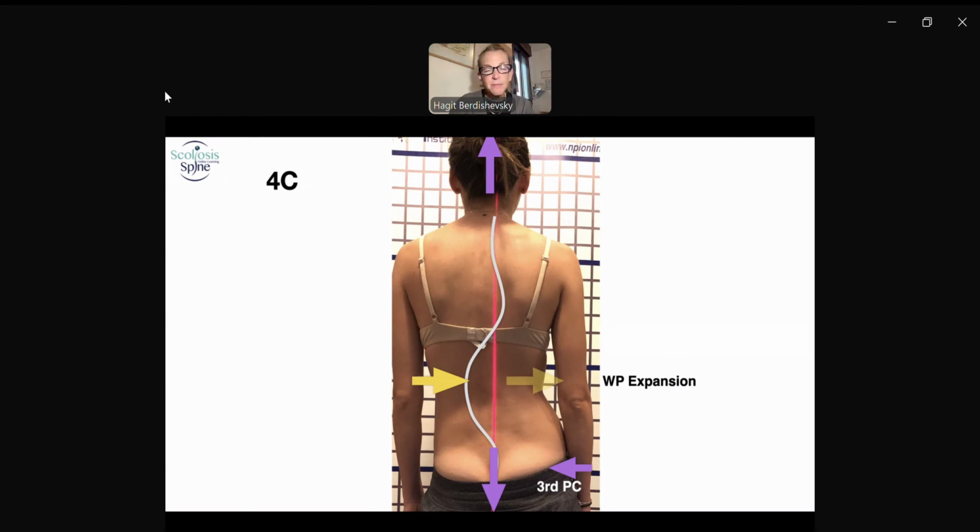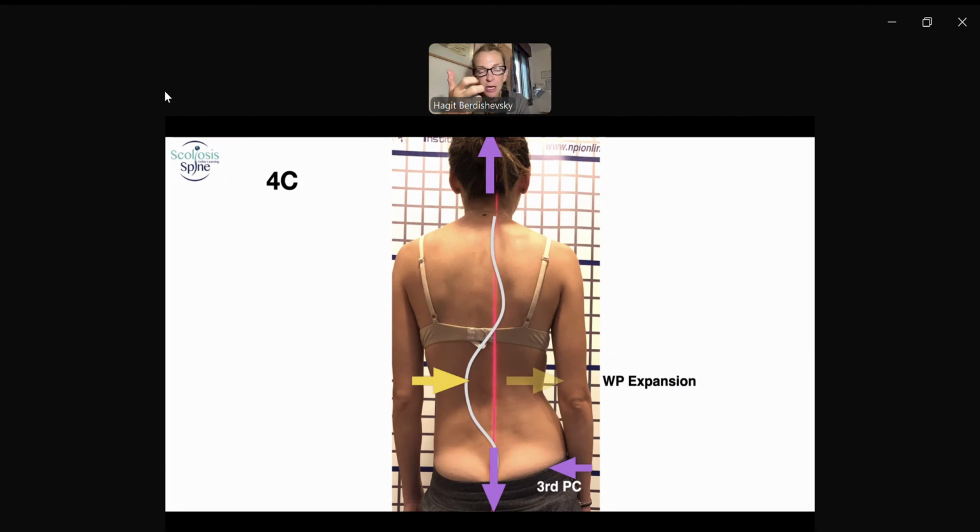Next, climbing up from the pelvis is the lumbar, as the main focus. The patient will want to expand the weak point on the right side, the concavity of the lumbar, in order to pull the spine, the white line, the lumbar curve, towards the laser line, which represents the central sacral line.